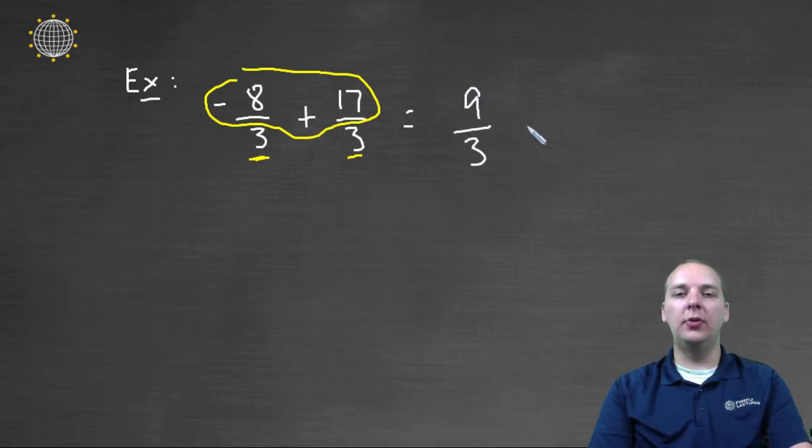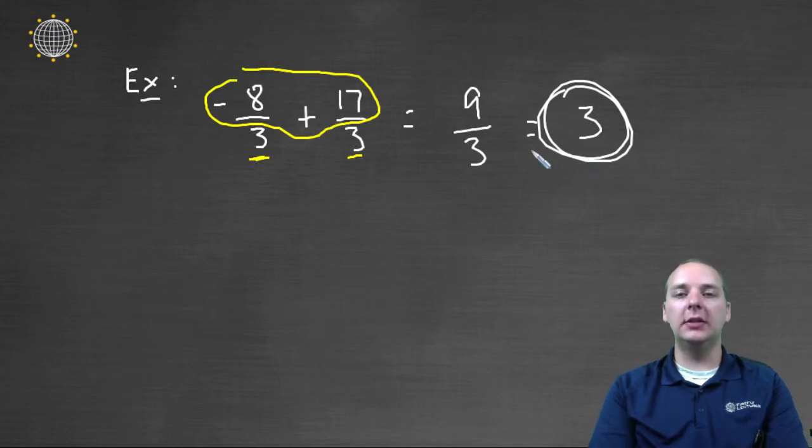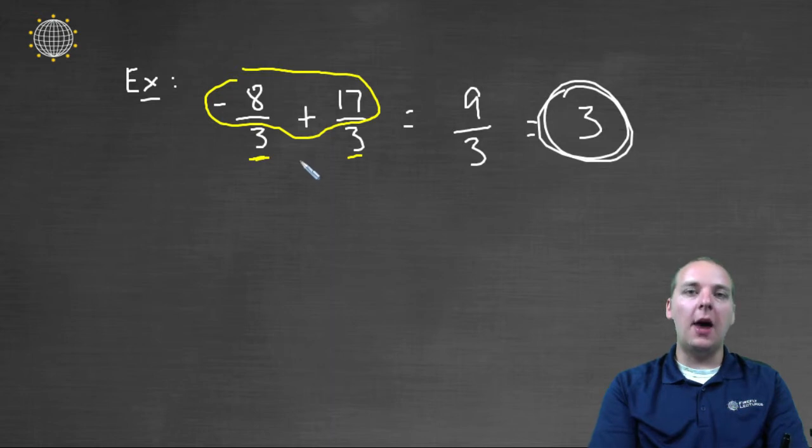And 9 over 3 would be our answer. I'll simplify that answer if I can at the end. 9 divided by 3 is just 3. So the answer is not even a fraction in this case. It's a whole number. So anyway, if the denominators match, just the arithmetic happens in the numerator.